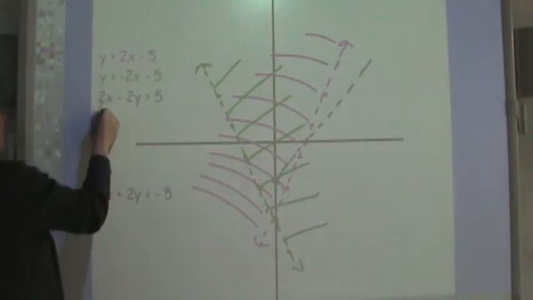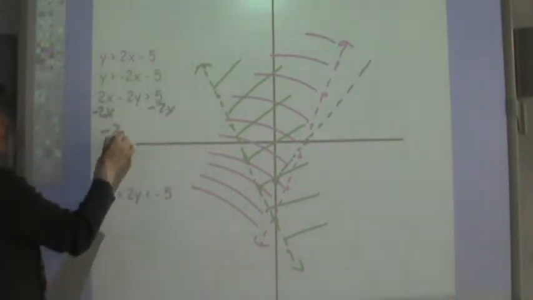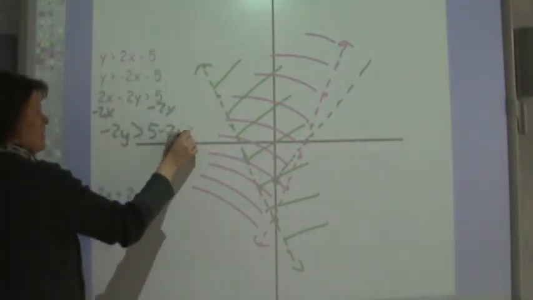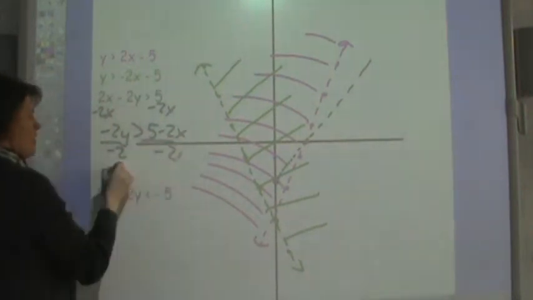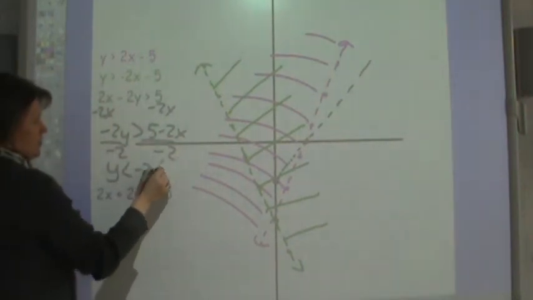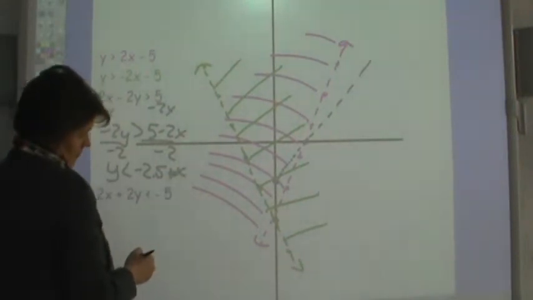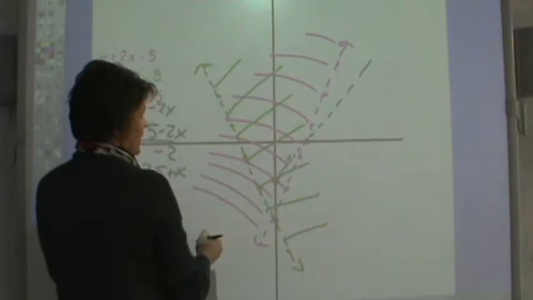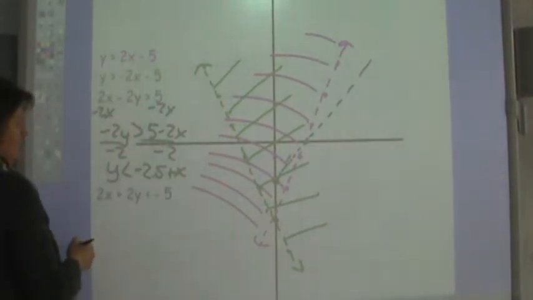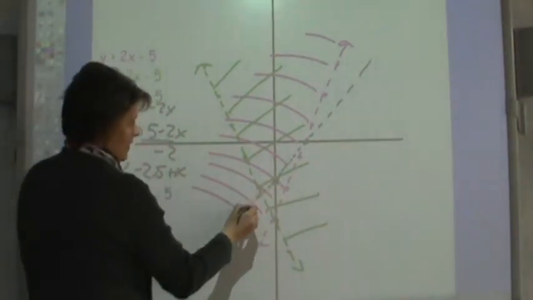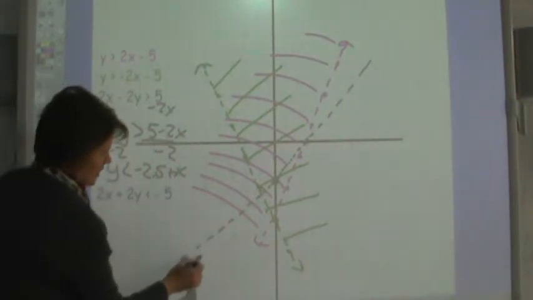Doesn't seem right. Let me solve that. Hang on. Y is less than -2.5 plus X. I guess that's right. Okay. So we want everything below that line.